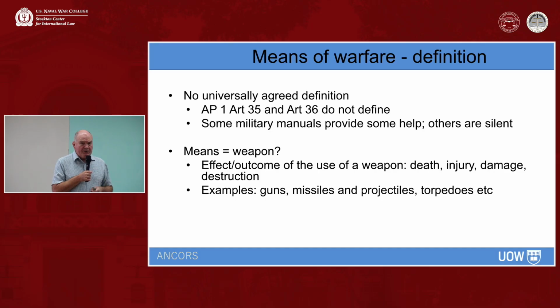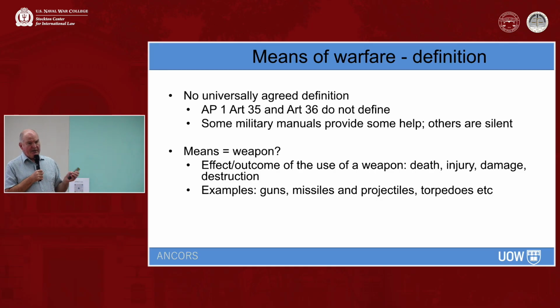But in the Newport Manual, in Chapter 6, when we're talking about means of naval warfare, we're talking about the weapon systems themselves, the weapons that are used as part of naval warfare. This presentation is going to focus on some of the most common weapon systems.